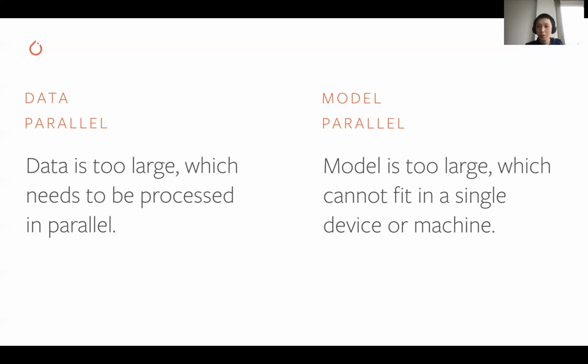Model parallelism tries to solve the problem where the model is too large and does not fit in one device or one server, so you will have to partition or shard your model into multiple shards and then put a different shard on a different device or server, so that you can host larger models.